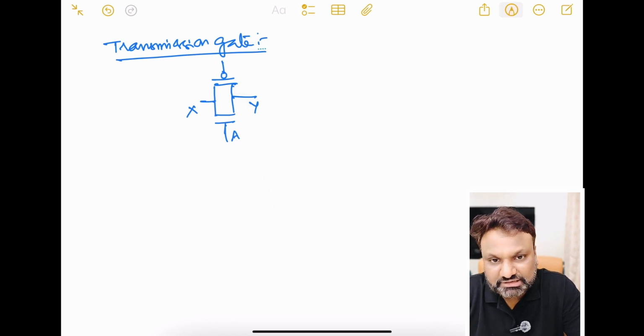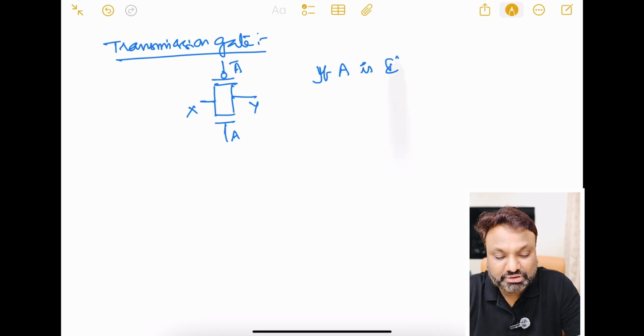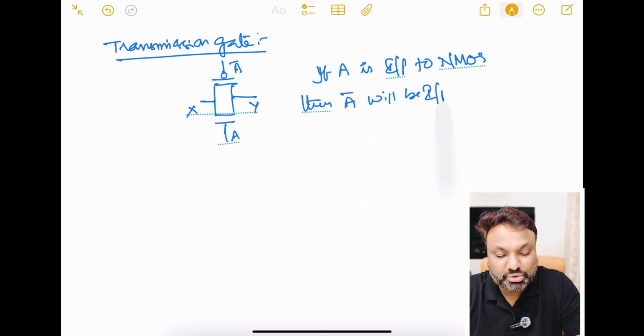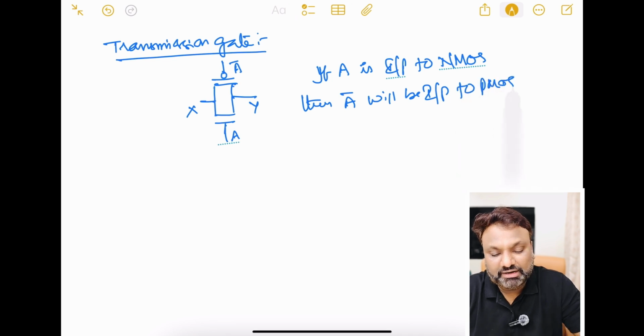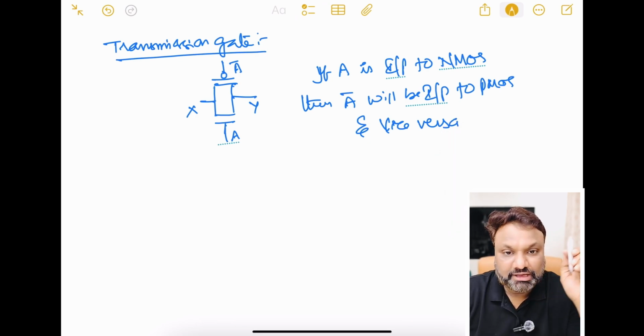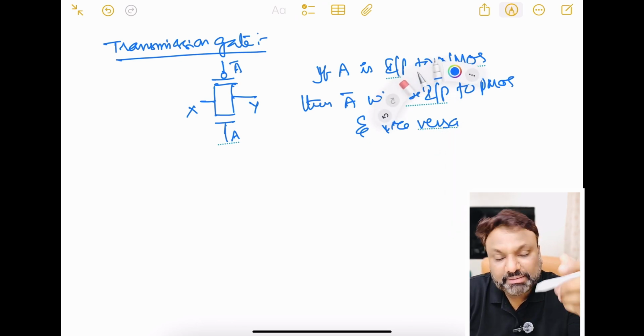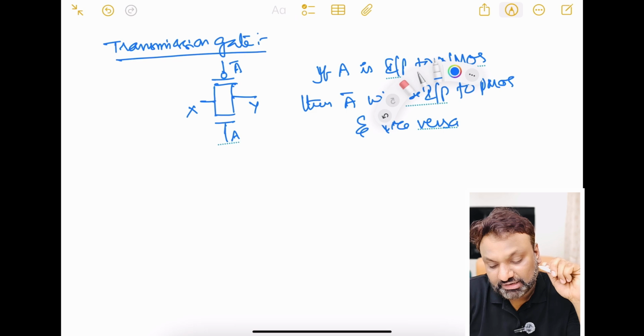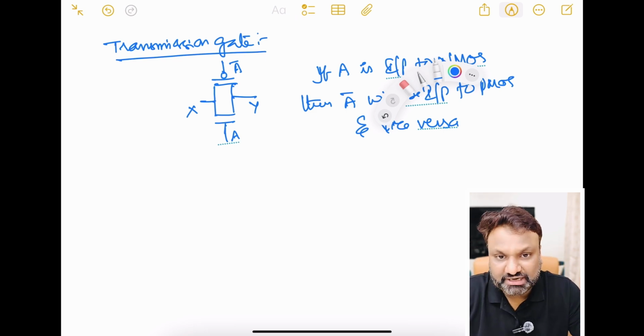If A is the input to the NMOS, then A bar will be the input to the PMOS, and vice versa. That means if A is the input to the PMOS, then A bar will be the input for the NMOS. So this is one transmission gate.